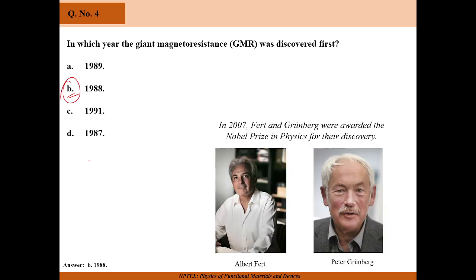So basically, this was discovered by Albert Fert and Peter Grunberg, and they were awarded the Nobel Prize in 2007 for this discovery. This is a very important concept when we come to spintronics and other magnetoresistive storage devices, like the hard disk. This discovery was very useful for these technologies.